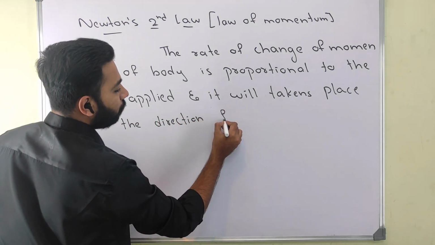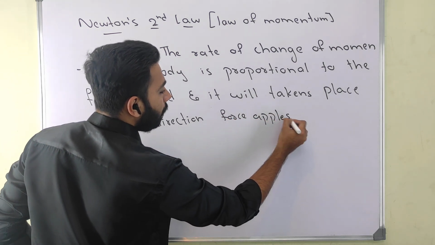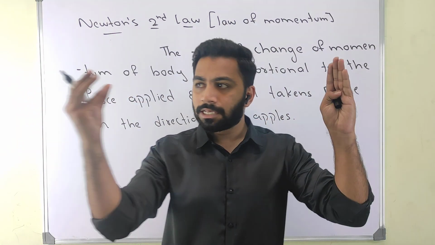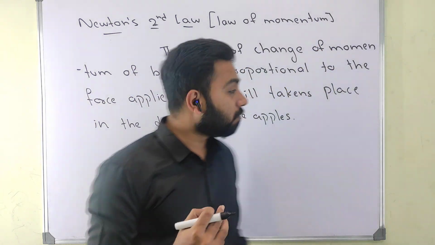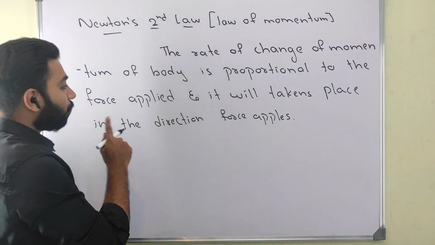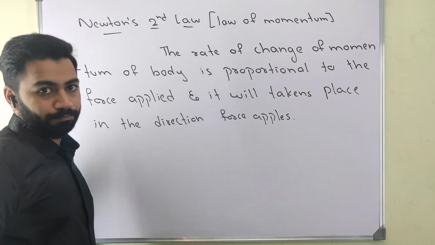The particle is going here and changes its direction, which means its momentum is changed. So the rate of change of momentum is proportional to the force applied on it, and it takes place in the direction of the force applied.